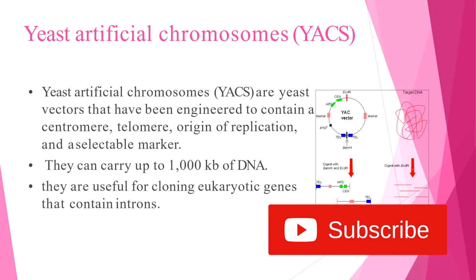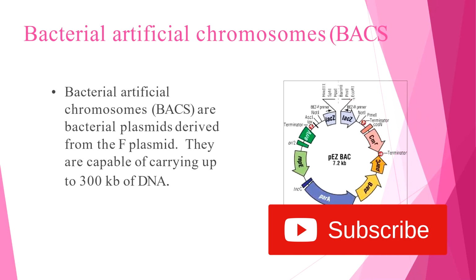YACs are far better and are very useful for cloning eukaryotic genes containing introns. Compared to prokaryotic genes, eukaryotic genes are larger and have introns, so to express them we rely on artificial chromosomes.